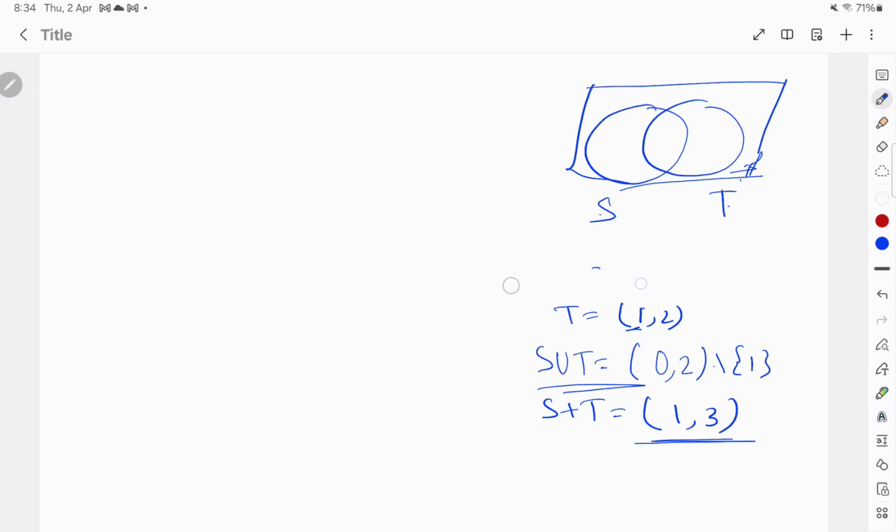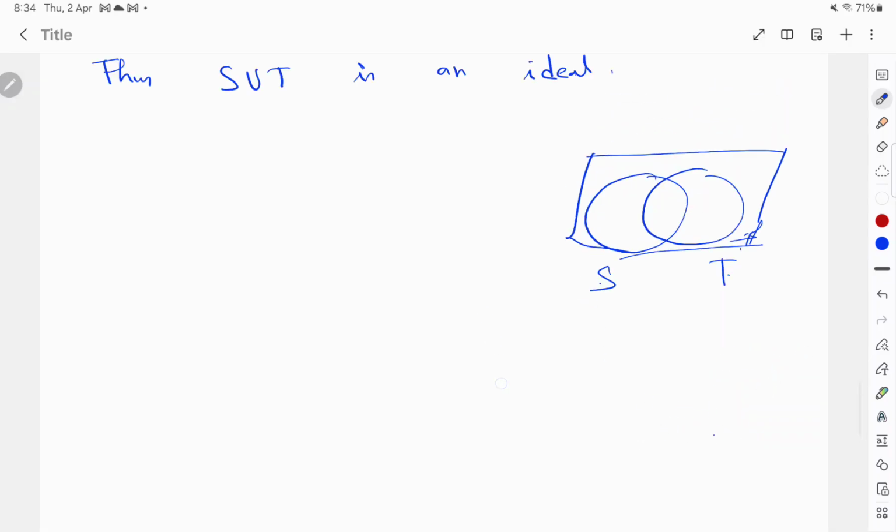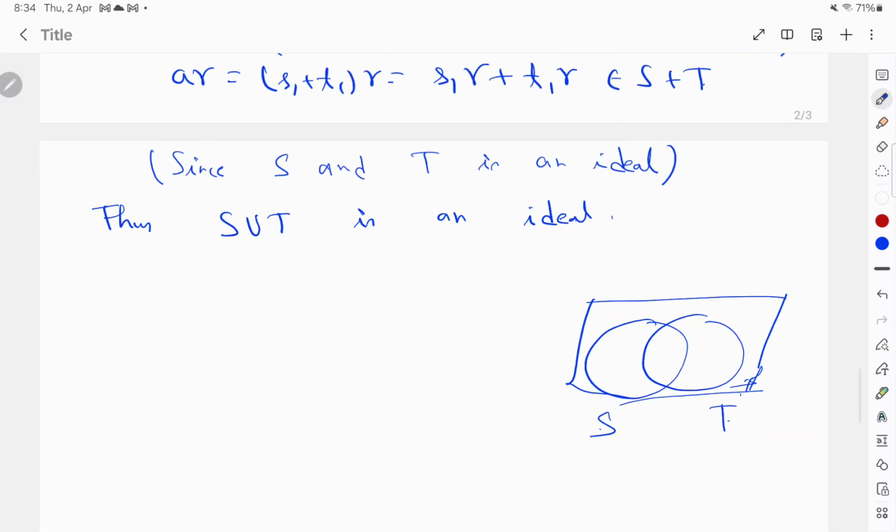Anyway, this S plus T will be the smallest one, that you have to prove.